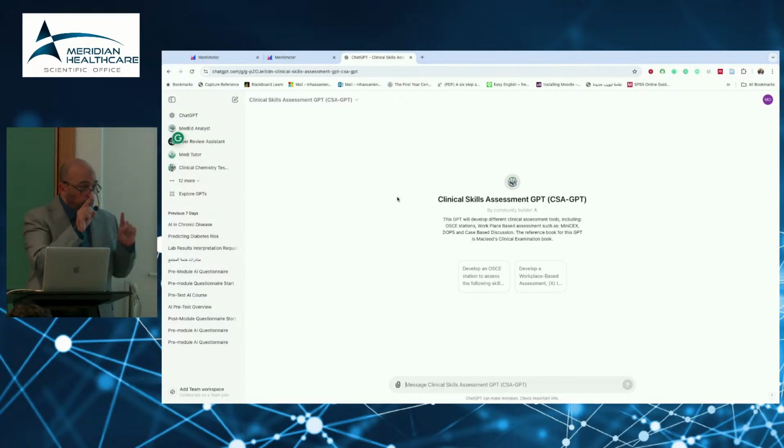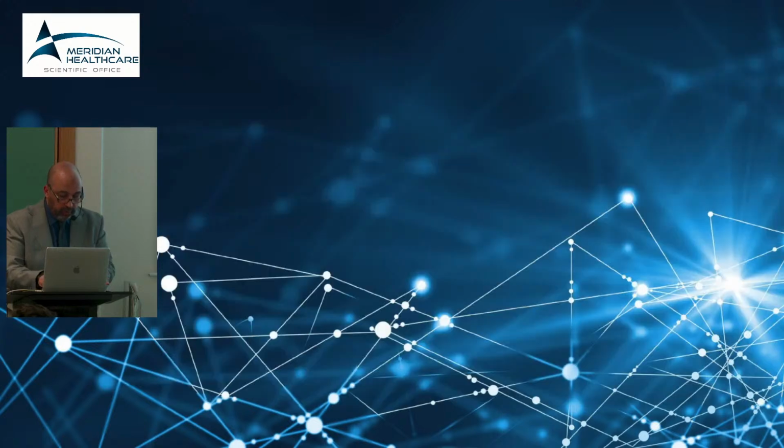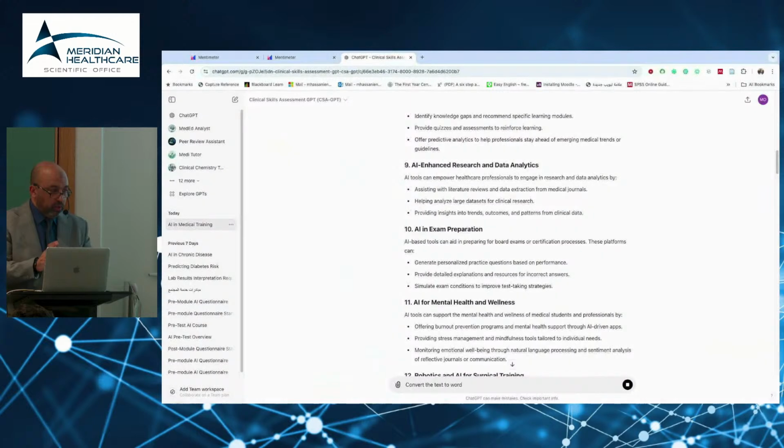I'd like to show you only one option in ChatGPT 4 which is not present in ChatGPT 3.5. By the way, we can copy all of this and paste it to Word. And also in ChatGPT 4 you can convert the text to a Word file. This option is working, but sometimes it is not working as you want, but it works.